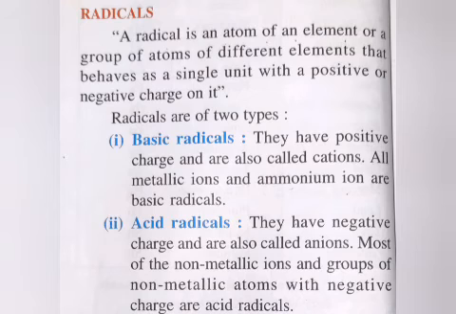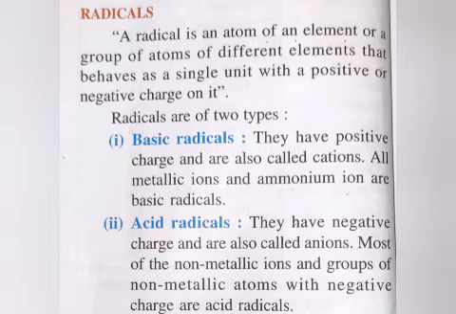Now the topic is radical. What is a radical? A radical is an atom of an element, or a group of atoms of different elements, that behaves as a single unit with a positive or negative charge on it. Take the example of sodium.